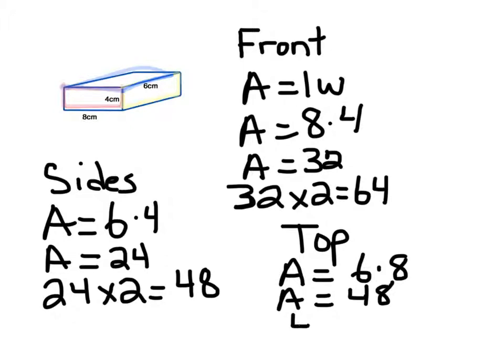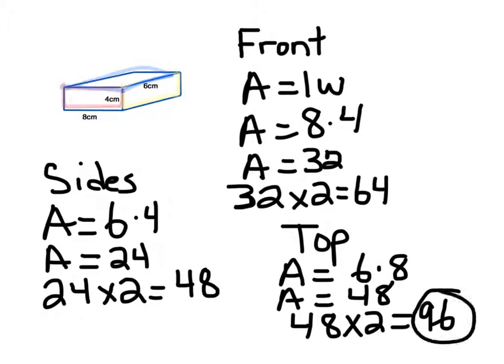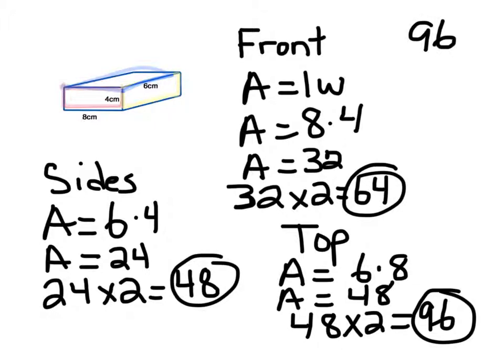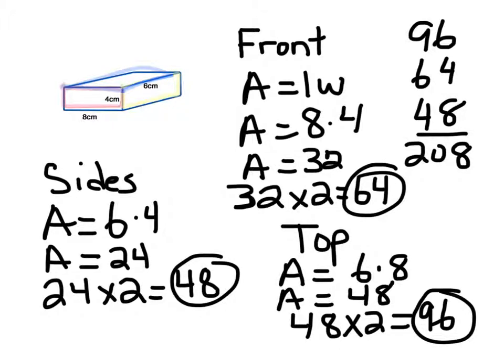And once again, there's a top and a bottom, so I'm going to multiply that by 2, and I'm going to get 96. So right now I have a 96, a 64, and a 48. And what I'm going to do is find my total area, and I'm going to add all of them up. And I'm going to get 208 square centimeters.